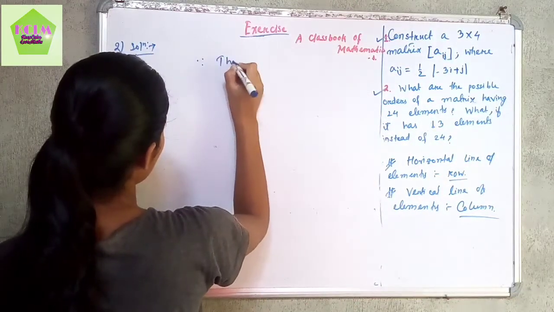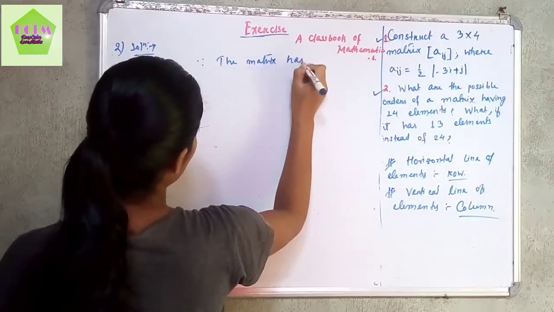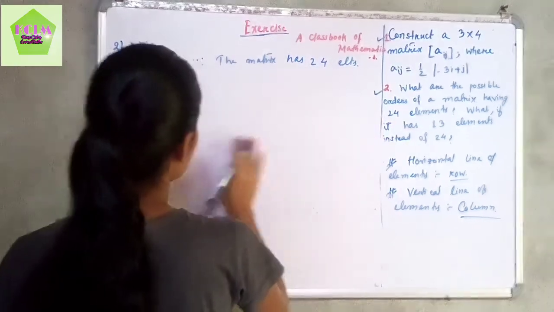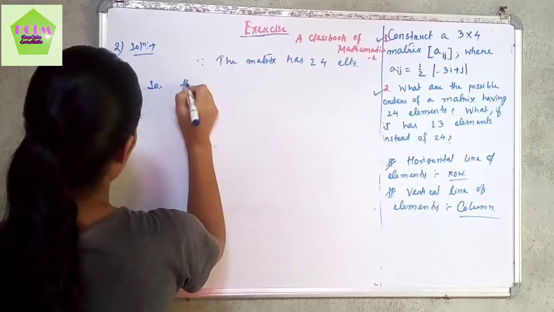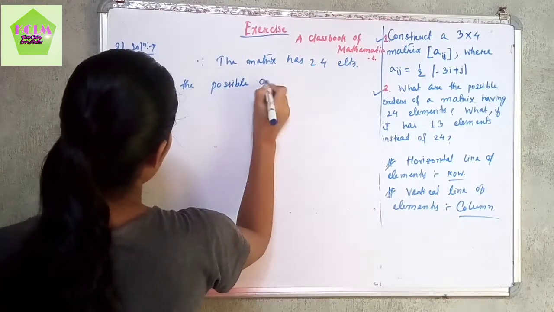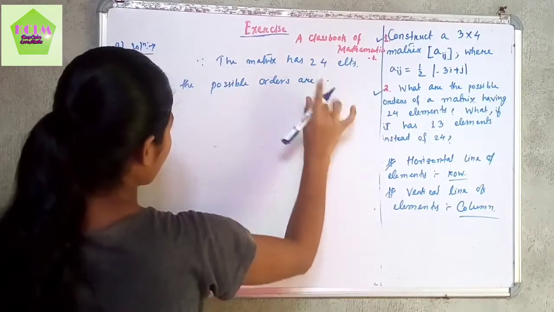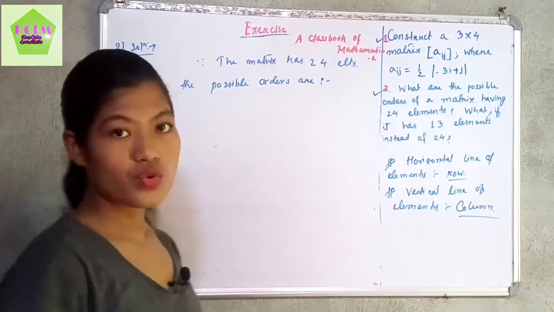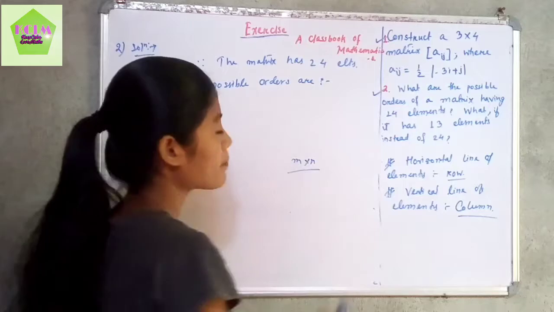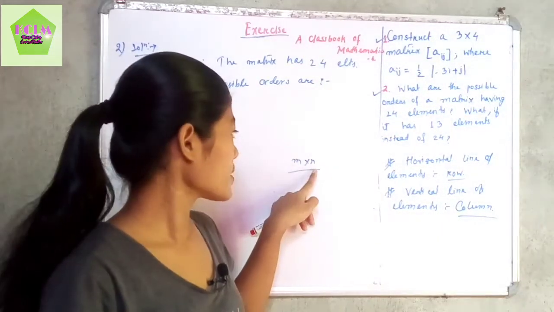Since the matrix has 24 elements, so the possible orders are: so we all know that order of a matrix is denoted by m by n, where m represents number of rows and n represents number of columns.